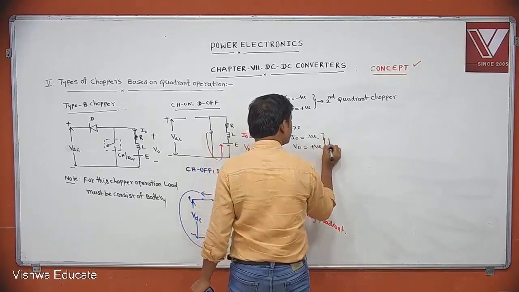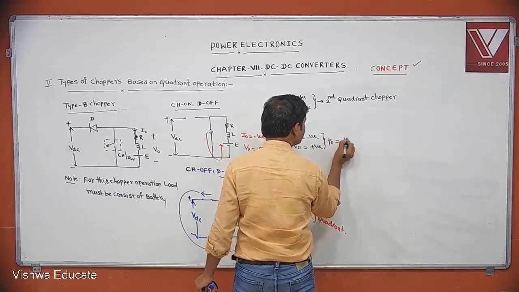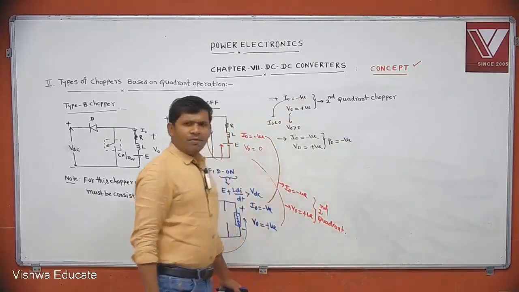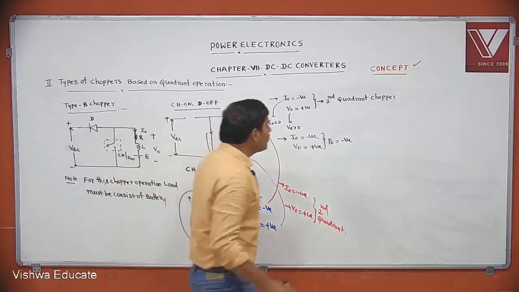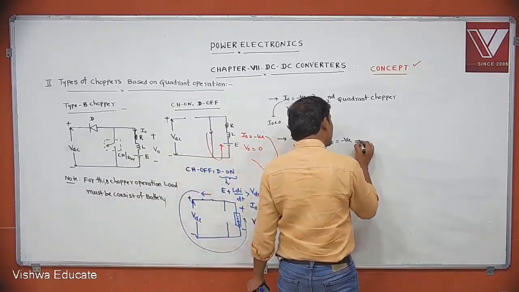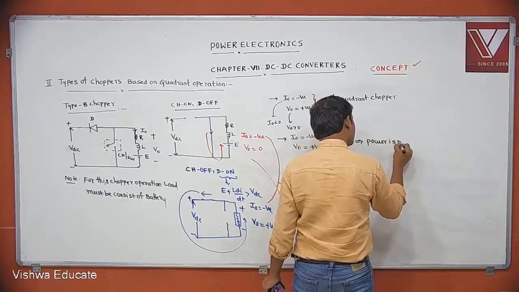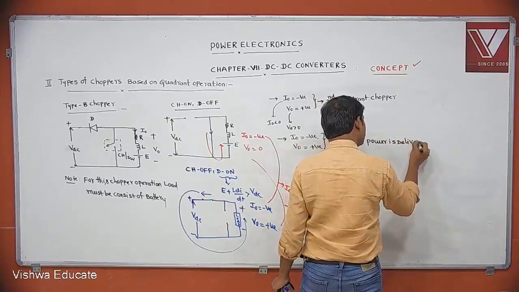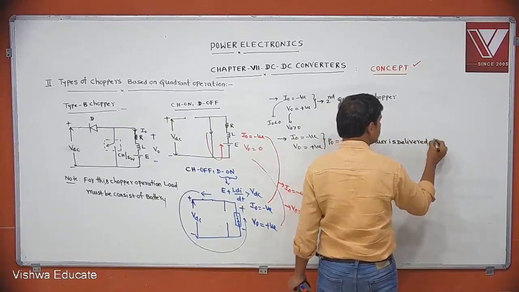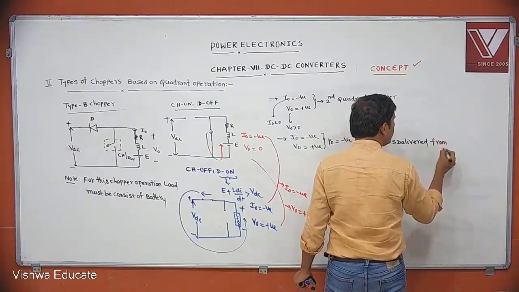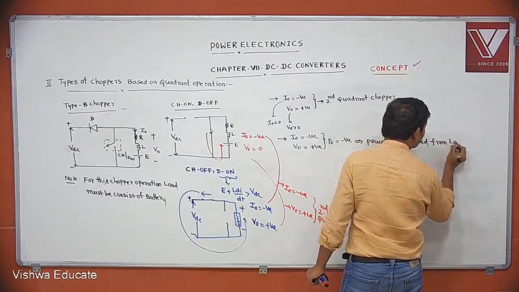Then what is the power? Power is negative. Power negative means opposite to the conventional power direction. Therefore, power is delivered from load to source.